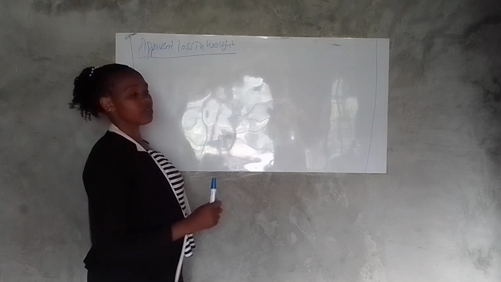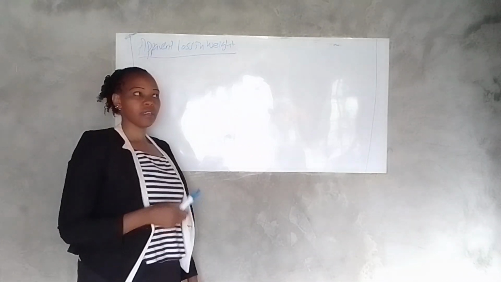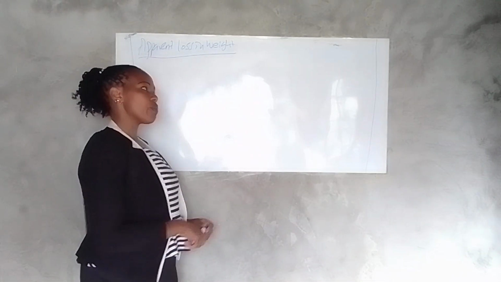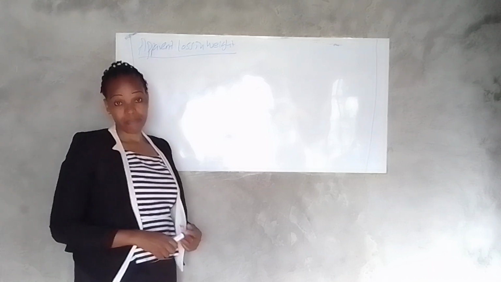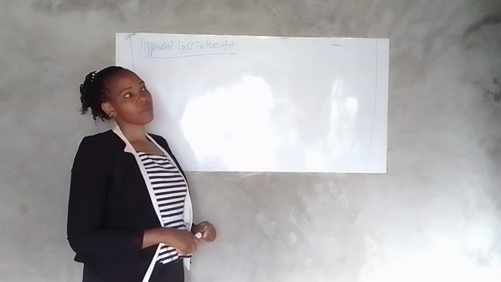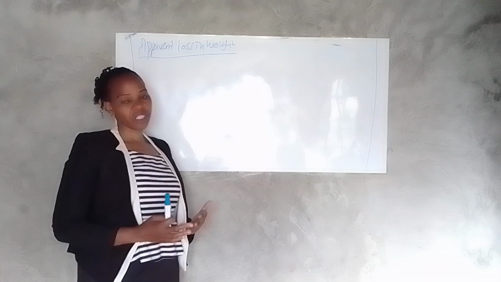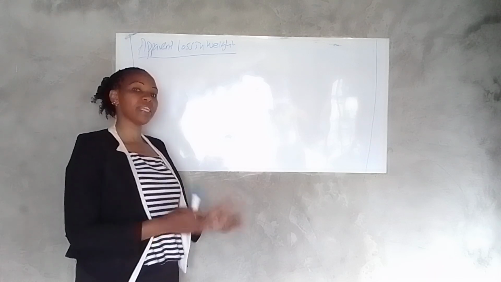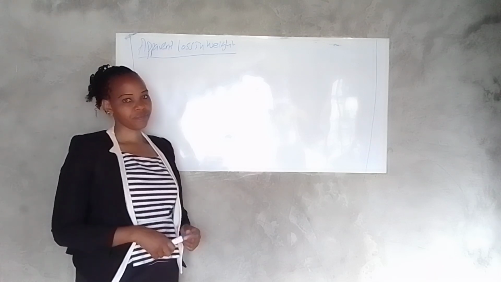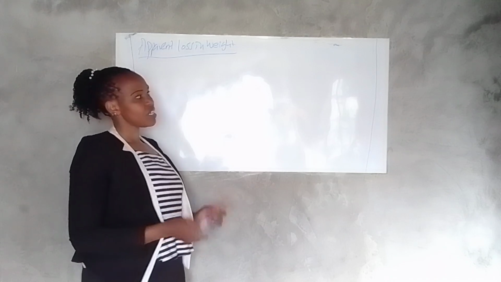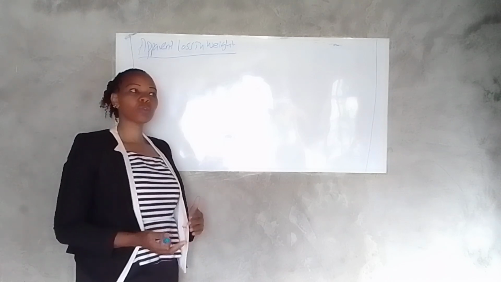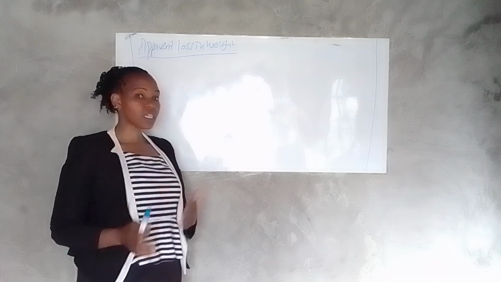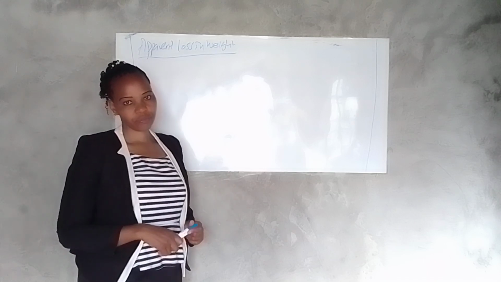So in the previous lesson, we looked at upthrust. We said that upthrust is a force exerted by fluids on objects that are placed inside the fluid. We also said that a fluid is a term we use to stand for both liquids and gases.